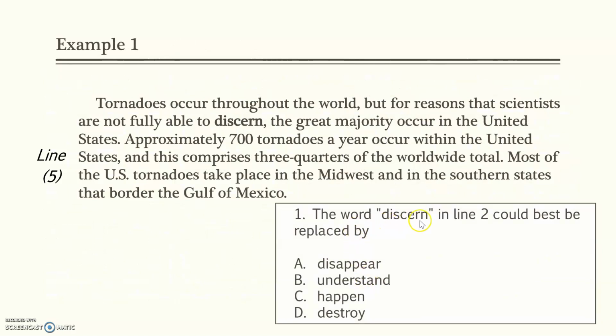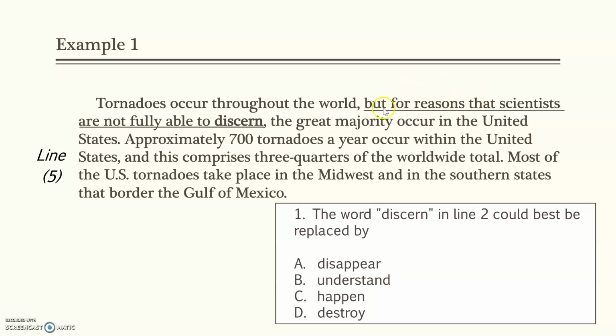So the word discern in line 2 could best be replaced by, here's discern. And let's read the context surrounding the word discern. Tornadoes occur throughout the world, but for reasons that scientists are not fully able to discern. So something that scientists cannot blah blah blah because of some reasons.